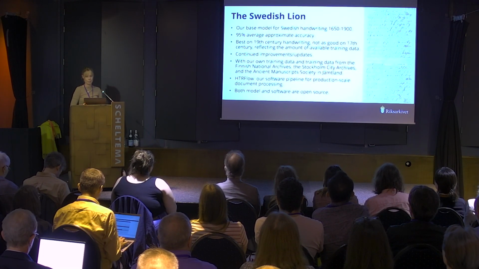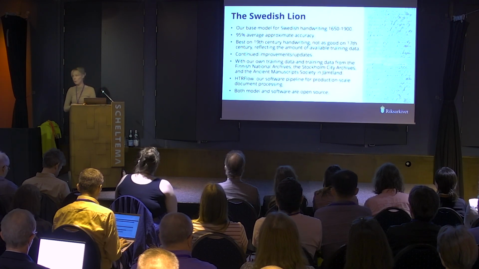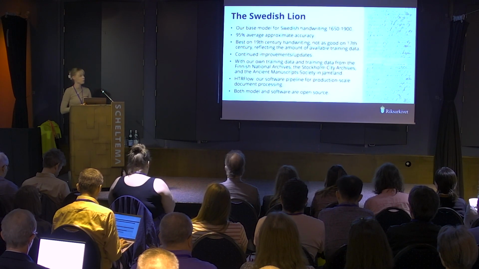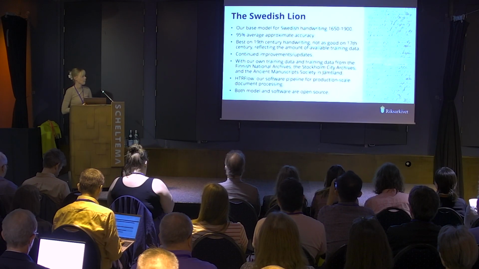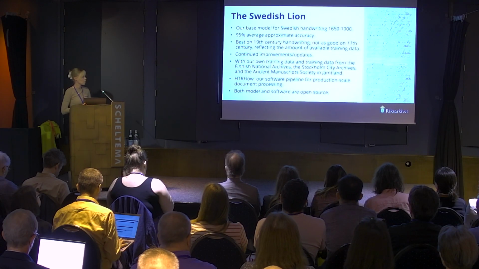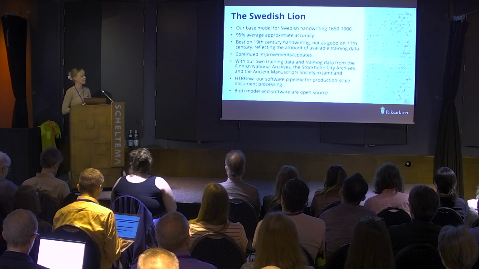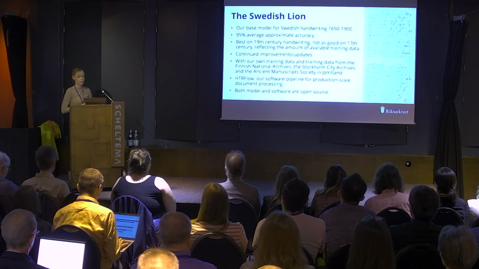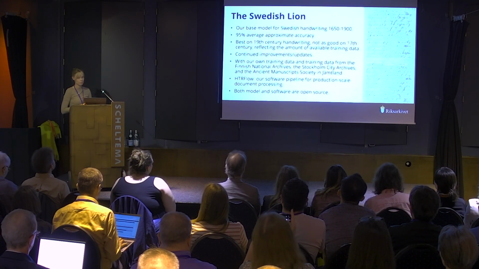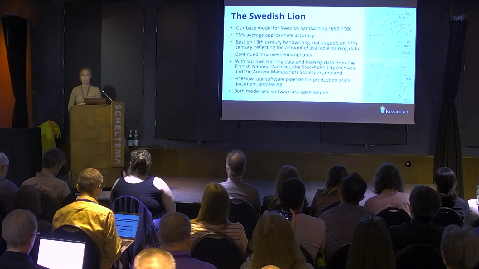And the model is trained on data from different sources, not only our own community projects. And we also put the Swedish Lion into use with our own software for production scale document processing, HTR Flow. And both HTR Flow and the Swedish Lion are open source.